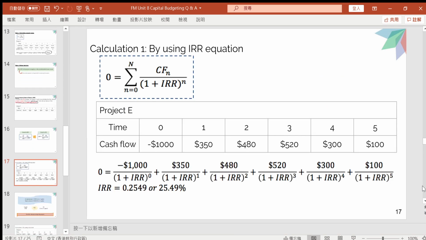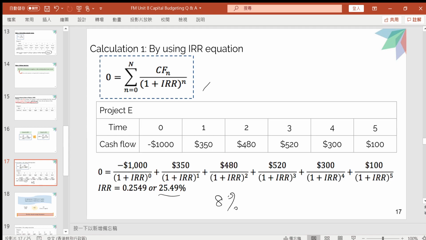And according to that, we will work out the figures by the equations, but surely you should use your financial calculator to work out the interest rate, right? After we work it out with your financial calculator, the internal rate of return of this project is 25.49%, compared with the cost of capital of only 8%, all right?